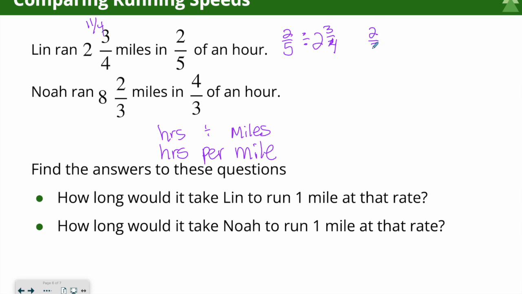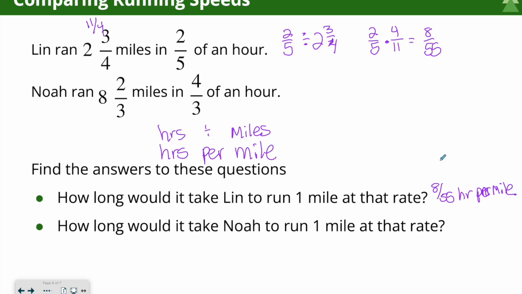So 2/5, change it to multiplication, flip it to the reciprocal, and we end up with 8/55 of an hour per mile.